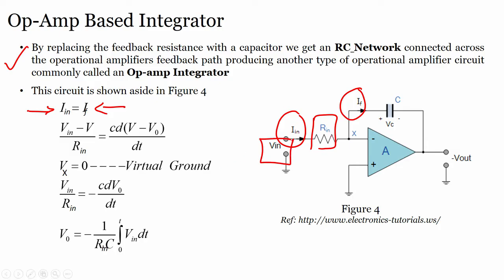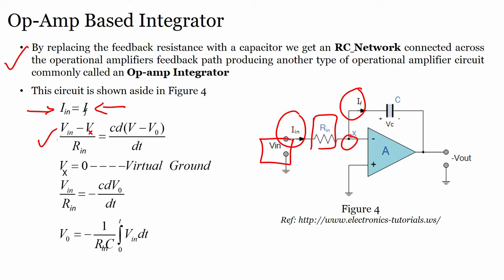You have V in minus V upon R in. What is V? V is some voltage Vx here, all right. So, to consider I in, you have to take the difference: V in minus Vx divided by R in.